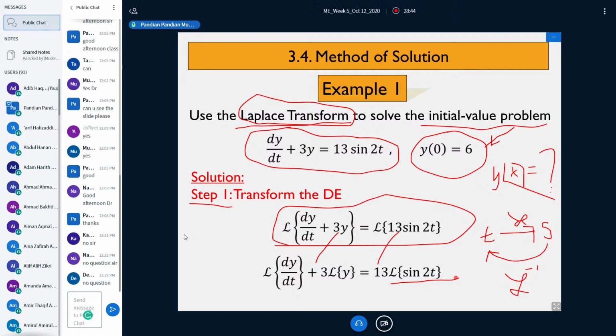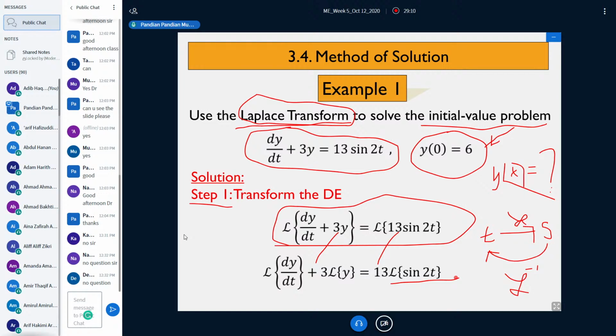Slide number 18, 3.1. We call it a table because normally this Laplace transform is put in the form of a table. So in our lecture under 3.1, you refer to the transform of some basic functions.